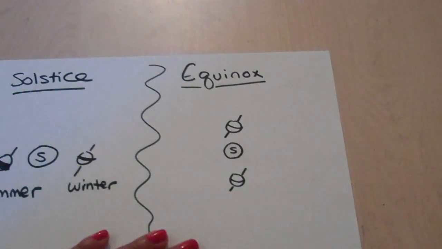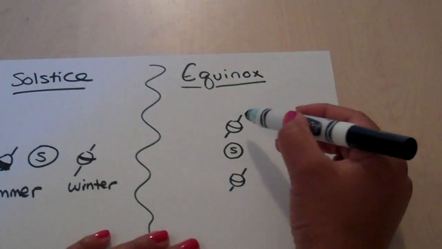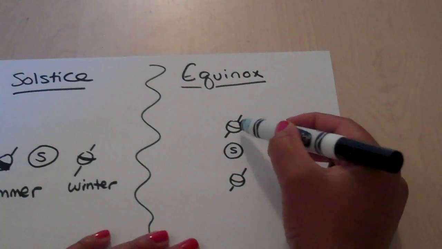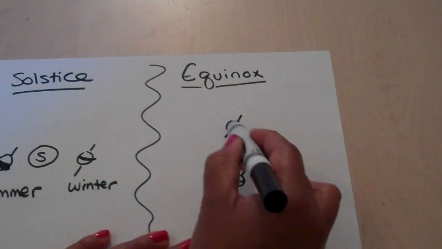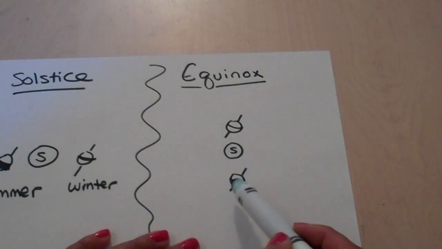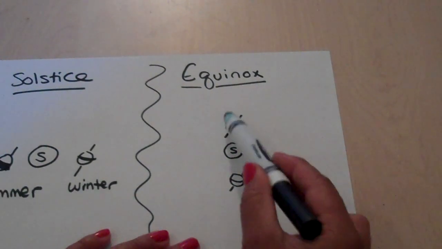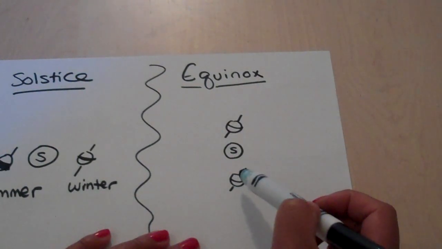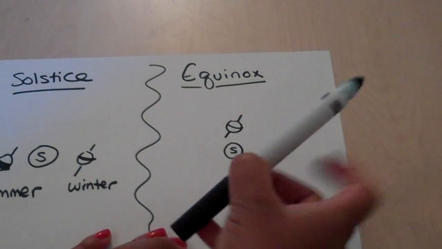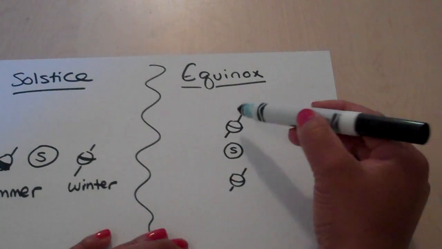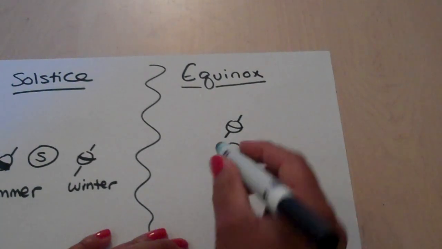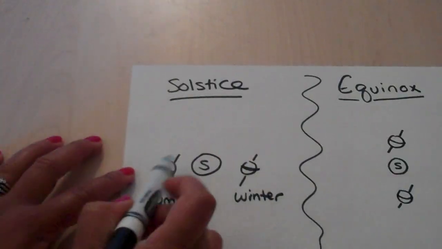Equinox is, again, the sun and then the Earth. I didn't label E for Earth, but there's that equator again. These are two different times during the year, shown at the same time, where neither hemisphere is tilting towards or away, so it does not get affected by uneven heating. If you look here, here's summer.